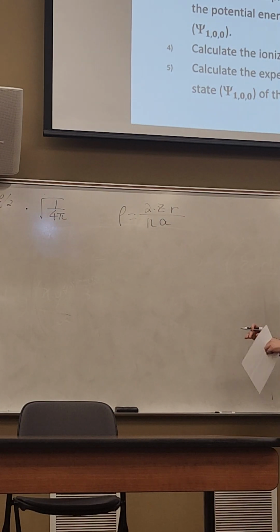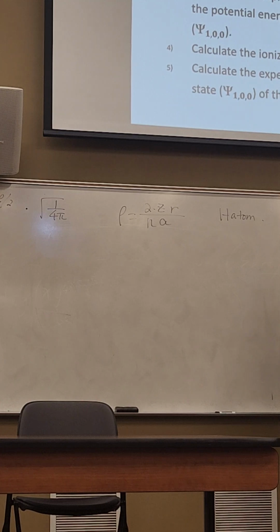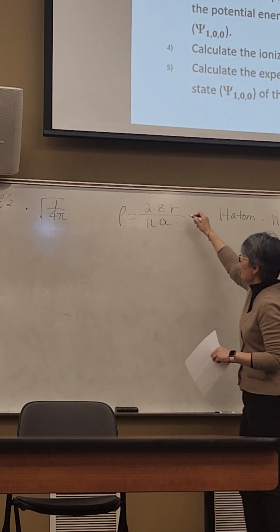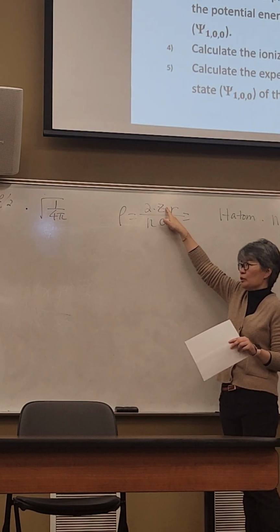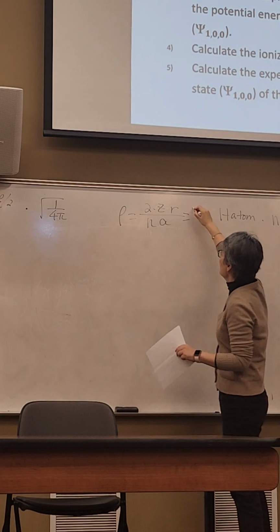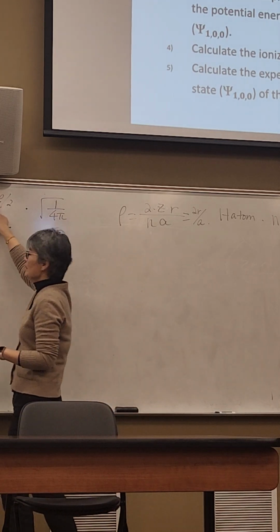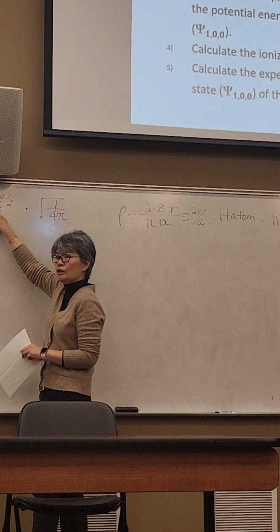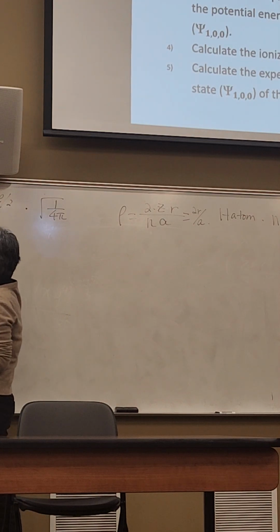Now we are looking at the hydrogen atom in the ground state, n equal to 1. So immediately we can plug in Z equal to 1 for hydrogen, and with n equal to 1 this equals 2r over a. So we can substitute rho here with 2r over a, and then Z equal to 1 here.